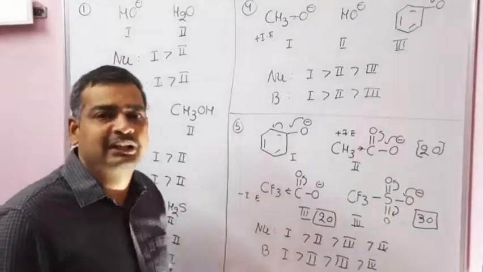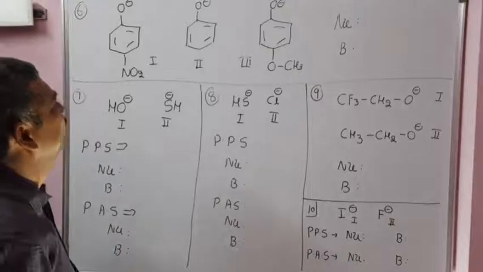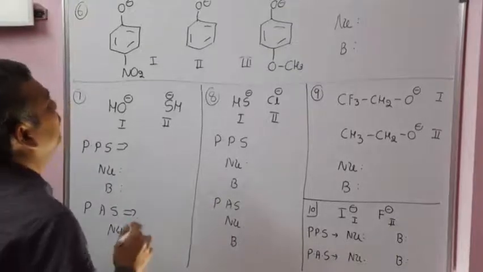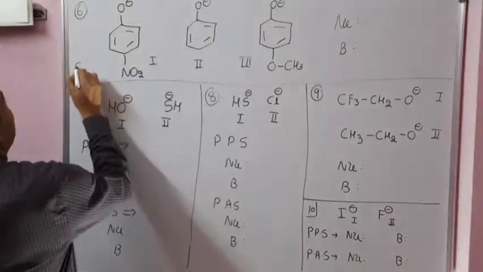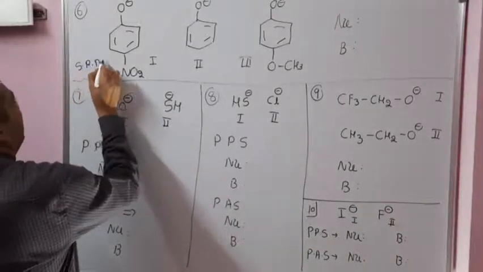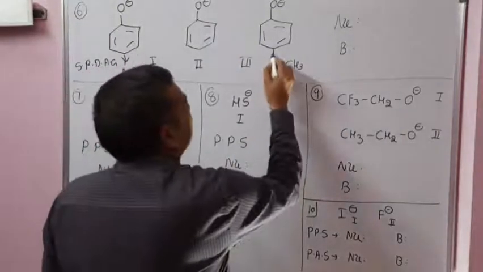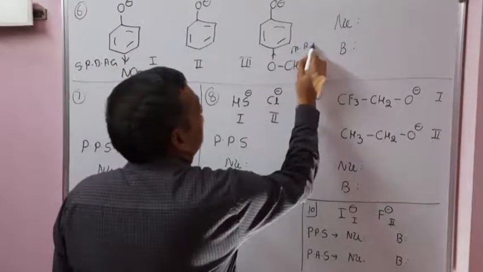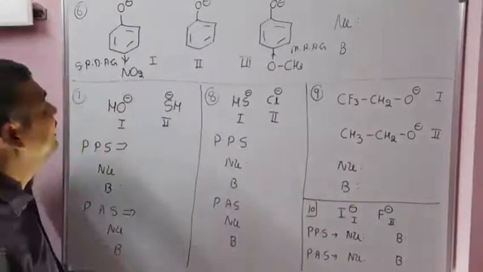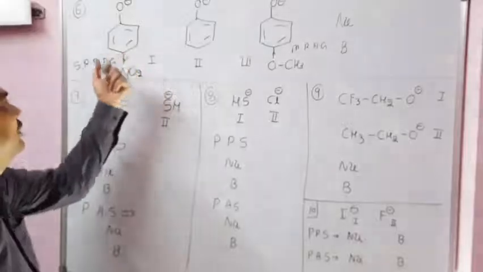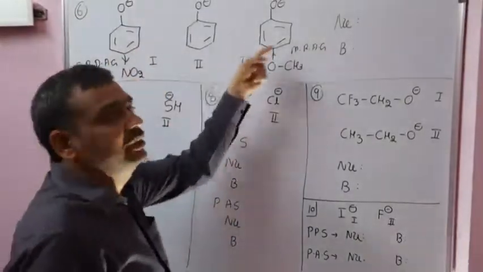Clear? Next example, see the sixth example. All are phenols, substituted phenols. See, nitro is a strong ring deactivating group. This one is a moderate ring activating group. It will increase the electron density on the ring, while nitro will decrease the electron density on the ring, since it takes electrons from the ring.